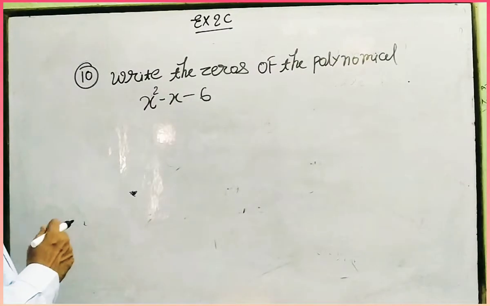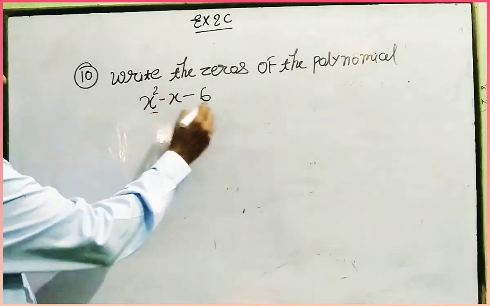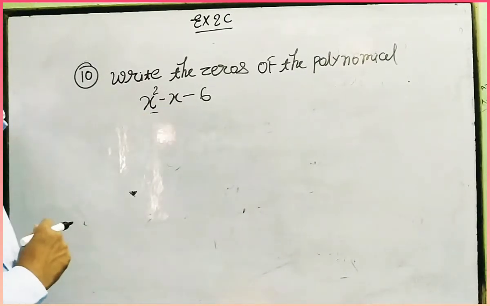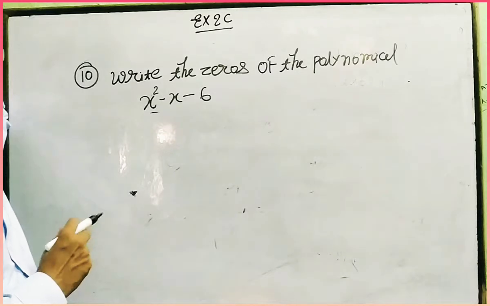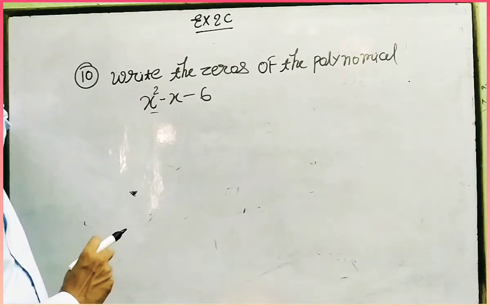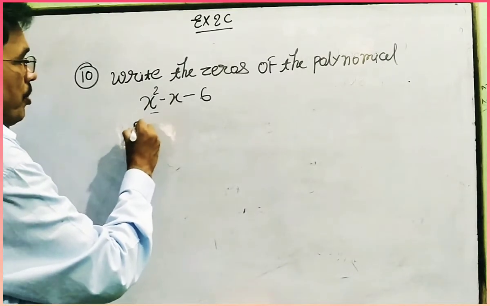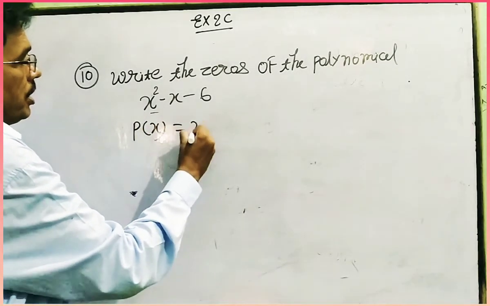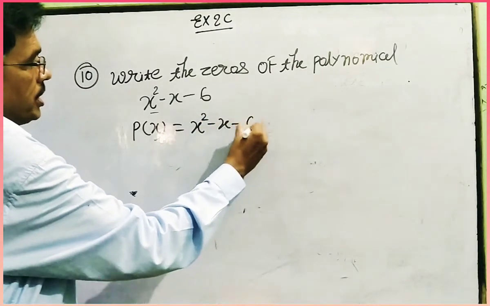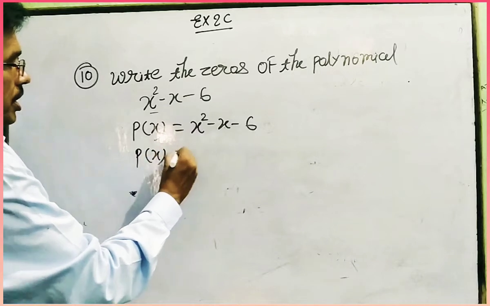Question number 10, write the zeros of the polynomial, and the polynomial is this. That means what is the value of x, so that when substituted at the place of x, it will be 0. So dear student, you write p(x) is equal to x square minus x minus 6, and hence p(x) is equal to 0.